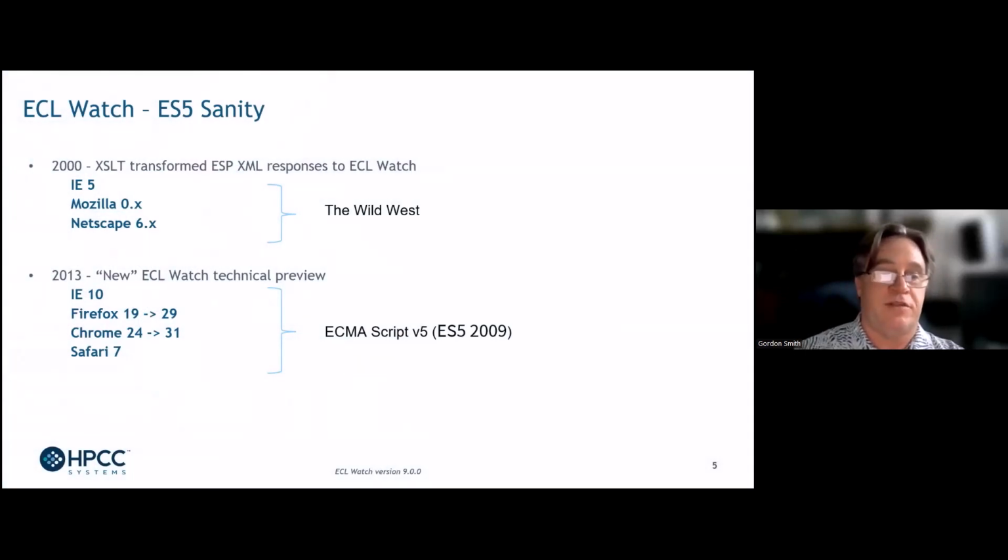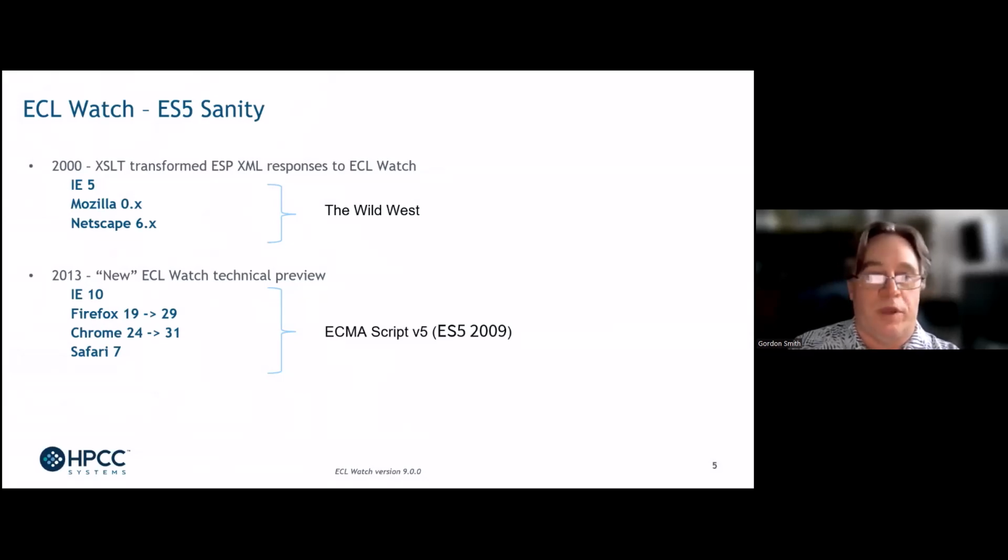Then in 2013, the new ECL Watch, what we still call to this day the new ECL Watch, came out. Things had progressed a bit. ECMAScript version 5 was out, and it was providing some standardization across the browsers. IE10 still had its foibles, but was still better than IE9.